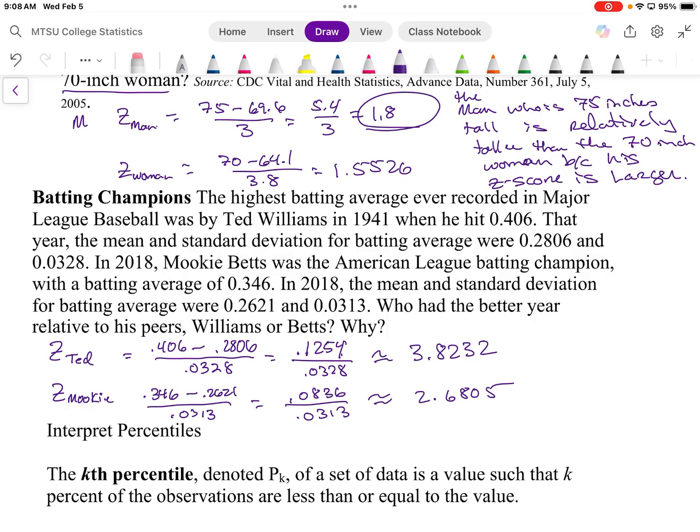Now we have numerical data after standardizing saying, "Hey, Ted Williams had a better season compared to Mookie Betts because his standardized score is higher." So relative to his peers, Williams had a better season.